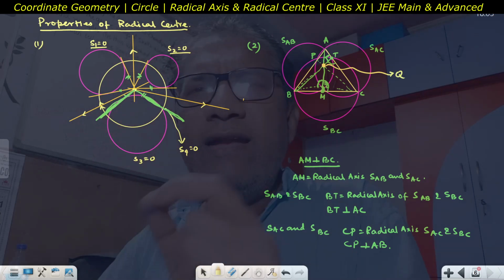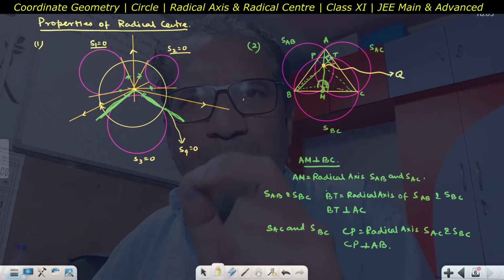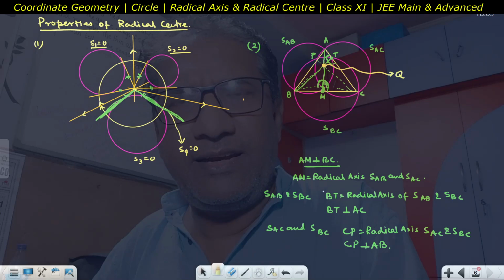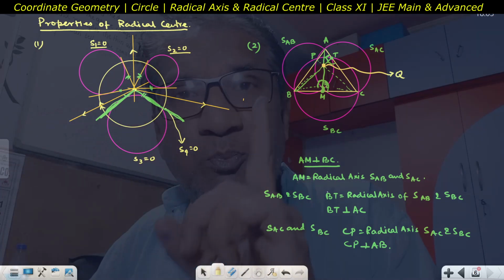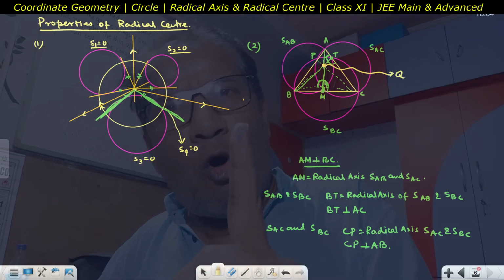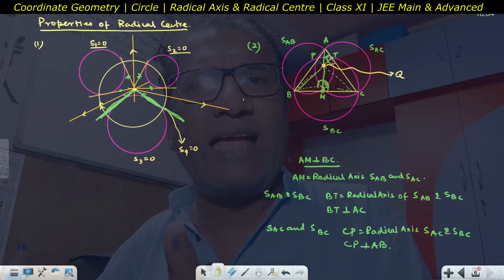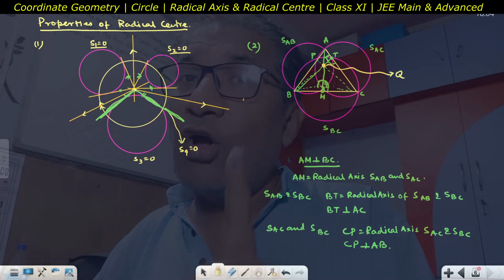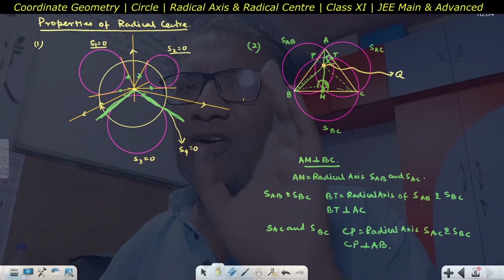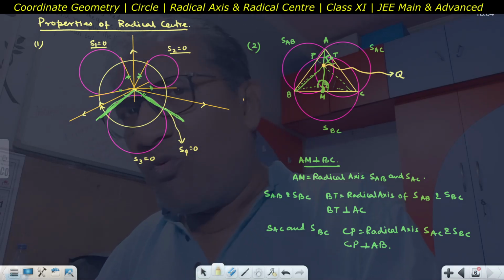So your point Q is basically the radical center for these three circles, as well as a point where all the three altitudes of the triangle ABC are meeting. Therefore, your point Q is also the orthocenter for the triangle ABC. So what have we proved?